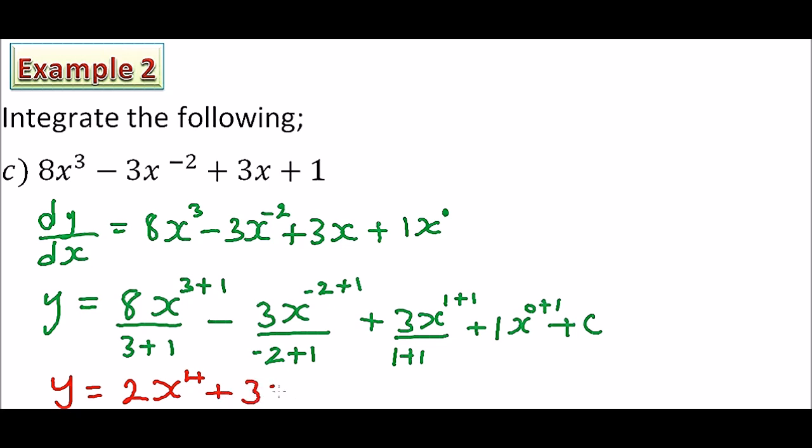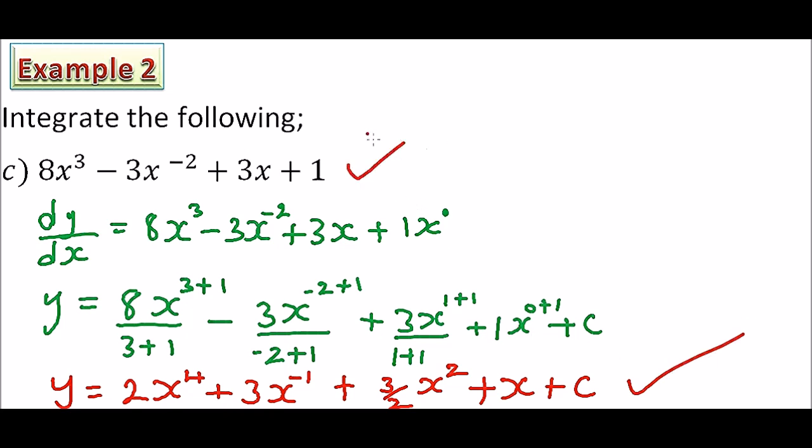So we have 3x to the power minus 2 plus 1, so we get minus 1, plus, the denominator is 2, so we have 3 over 2. Then we have x, 1 plus 1 is 2. Then we have plus 1, which will be x to power 0 plus 1, to be x to power 1, plus c. So that is a function which was differentiated to get this gradient function.